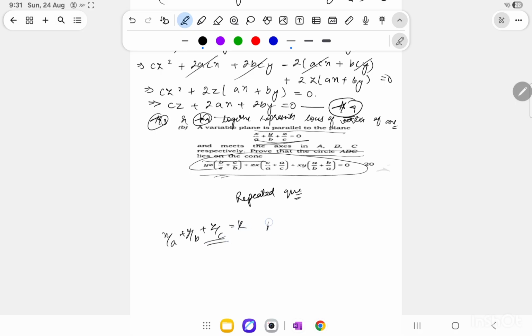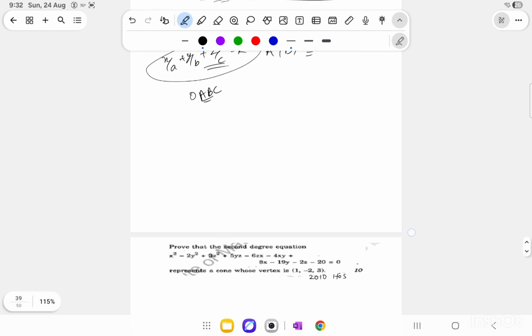Then we can find out the coordinates of A, B and C, and further find the equation of circle ABC, because that will be basically the intersection of this plane with sphere OABC, and using that we can solve this. We have done this question today itself previously, so you can refer to that.